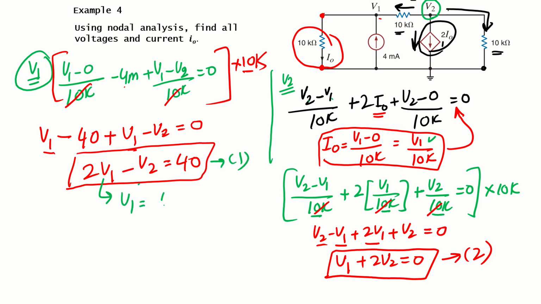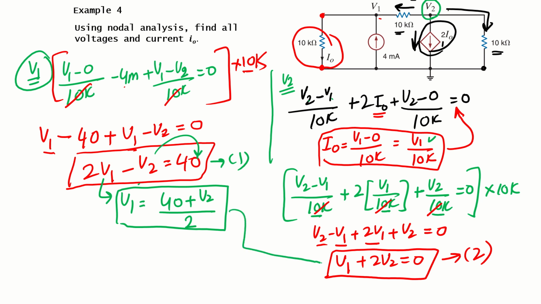V1 basically will be 40 plus V2, the whole divided by 2, as we take V2 to the other side. Let's put that in the second equation. So V1 becomes 40 plus V2 divided by 2, plus 2 times V2 is equal to 0.